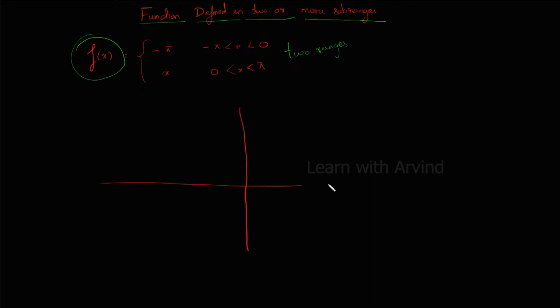If we plot this function in the range minus pi to pi, it is minus pi, which is a constant. So it would be a constant straight line in the range minus pi to 0.